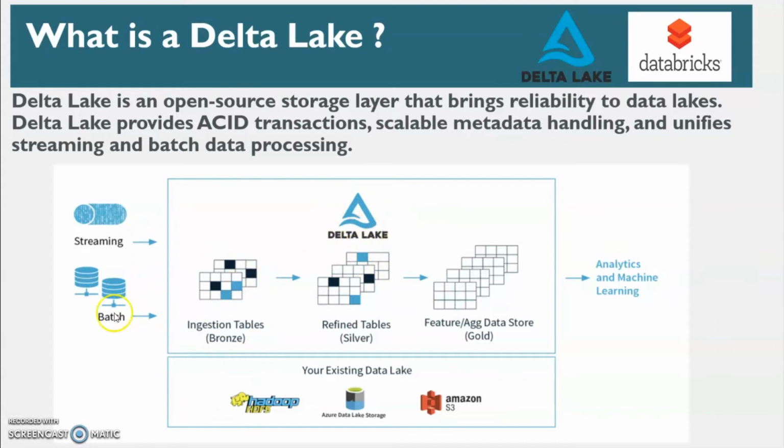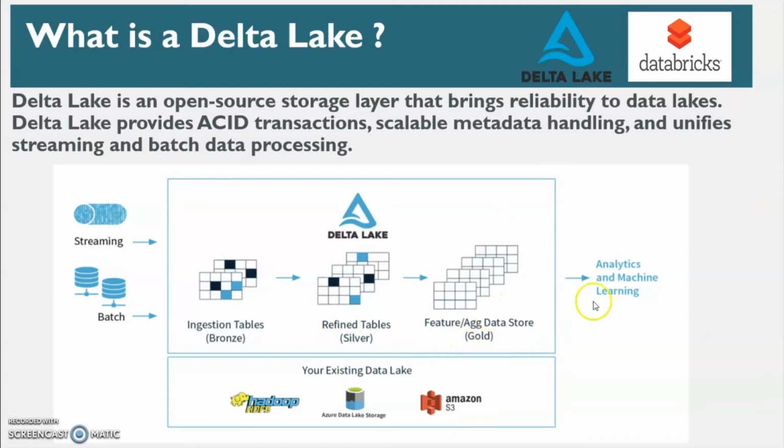When we are ingesting data, it will come into the storage layer, into our data lake, but it will be categorized into separate sections: ingestion tables like the bronze layer, and then after consolidation and cleansing they are called refined tables, like the silver zone. Once we transform and aggregate, it is called the featured table or the gold zone.